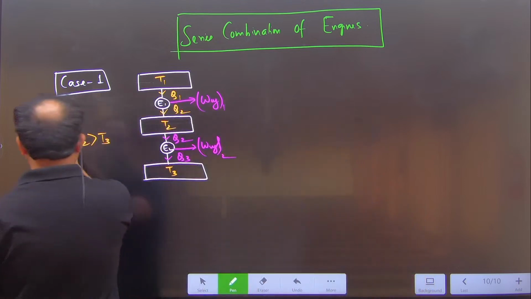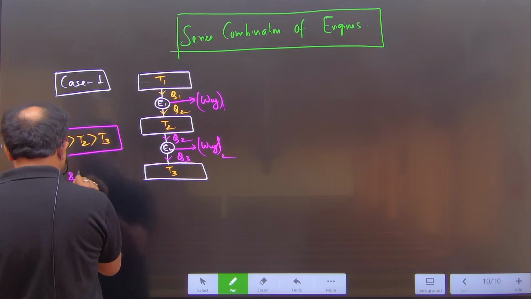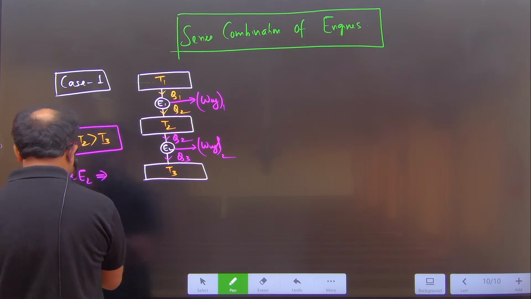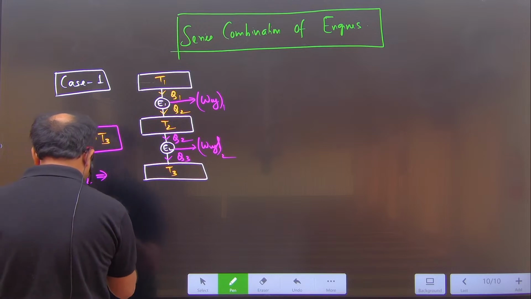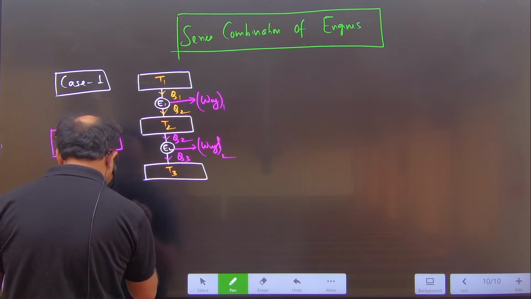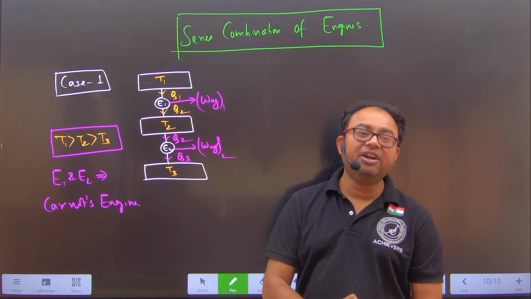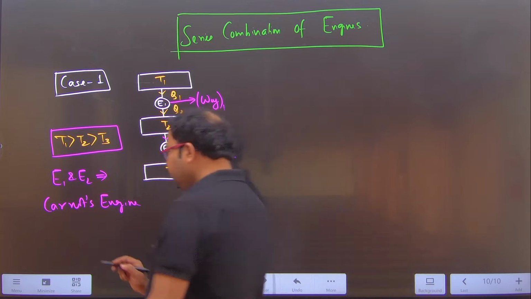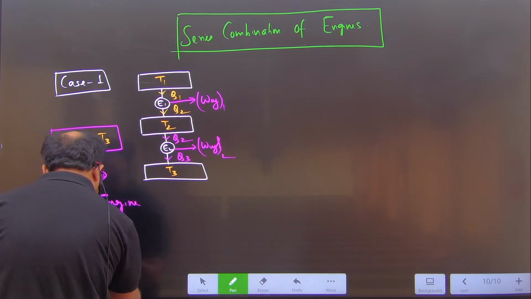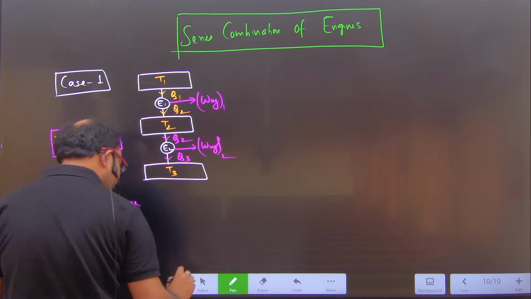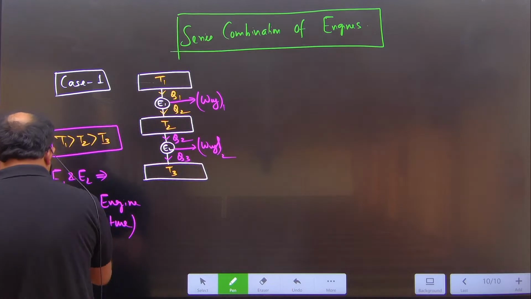And we'll consider E1 and E2 to be Carnot engines. Carnot engines means they are reversible engines, so they are reversible in nature.